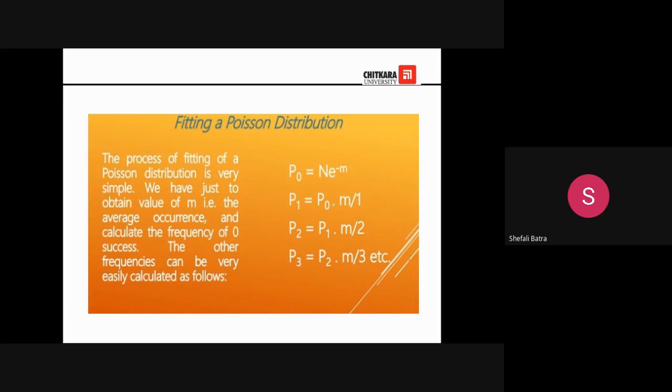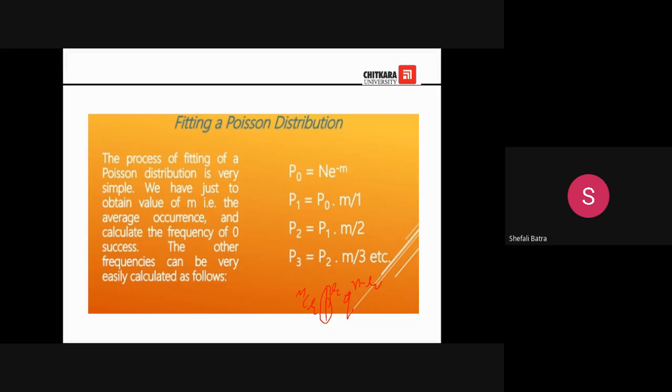We need to find N, which is given to us, and we need to find P, and from P we will find Q, because in that formula nCr, p power r, q power n minus r, we need this P. So from the given data, the first task is to evaluate P.